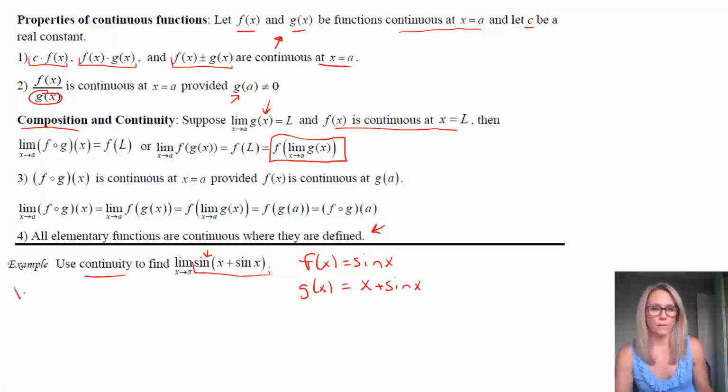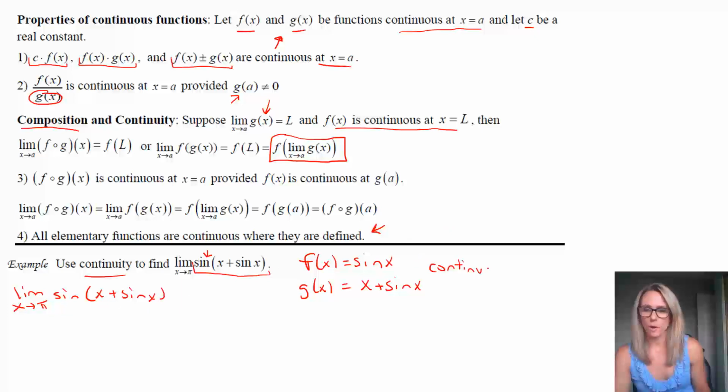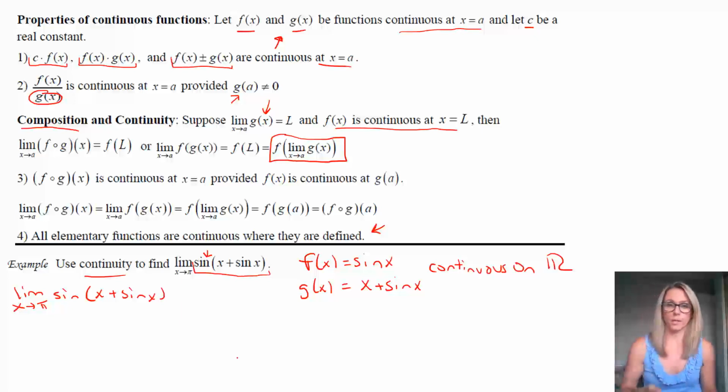So to find this limit, as x approaches pi of sine of x plus sine x, what some of these properties above are saying is, because x plus sine x, if I come over here to these two functions, both of these functions are continuous for all real numbers, actually, and definitely they are continuous at pi.